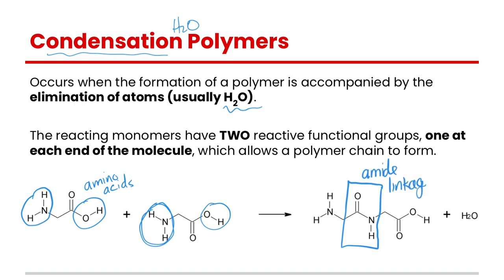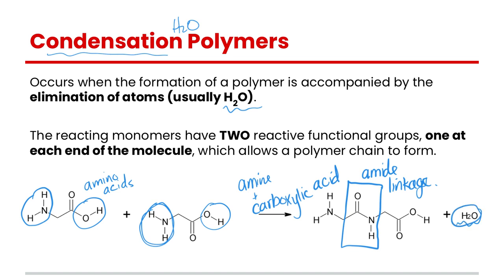And so this is a pretty popular kind of linkage that happens. So we're reacting an amine with a carboxylic acid, and we are creating an amide linkage for our polymer. In this case, we're creating a polypeptide, so we're just showing a biological example here.